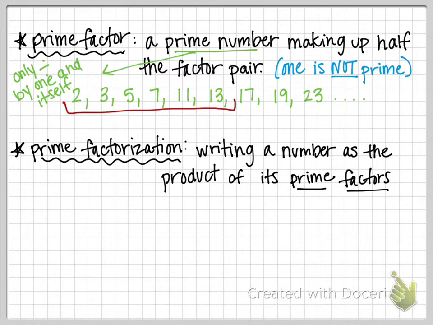And then we write it using exponents, which is why we started this chapter with exponents, in a particular way. And I'll show you how to do that. So writing a number as the product of its prime factors. So prime numbers are super important. Being familiar with them and being able to pull them out is really important.